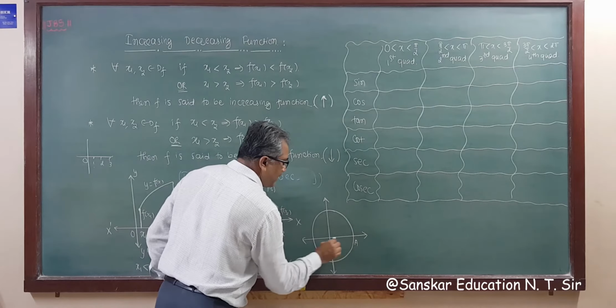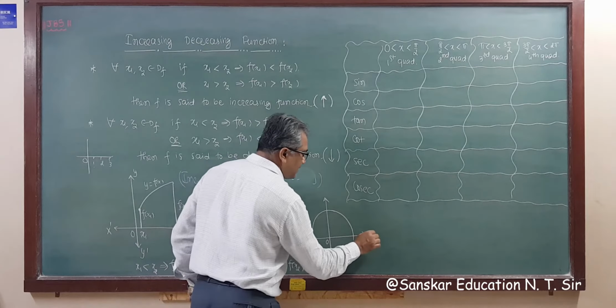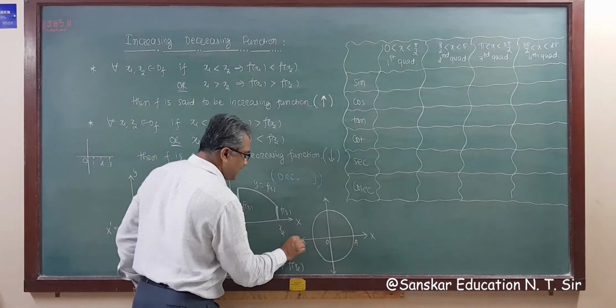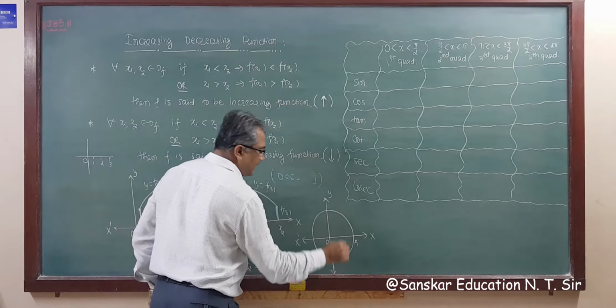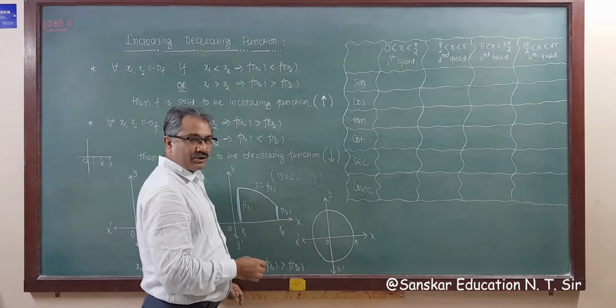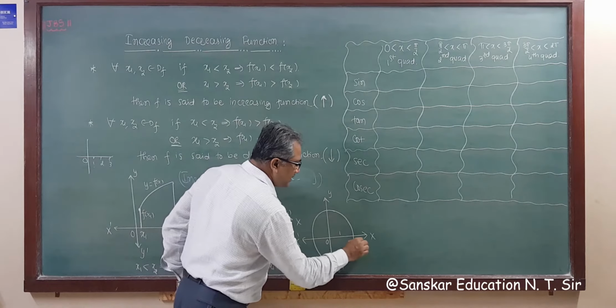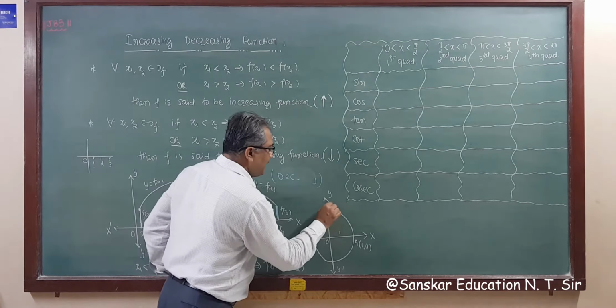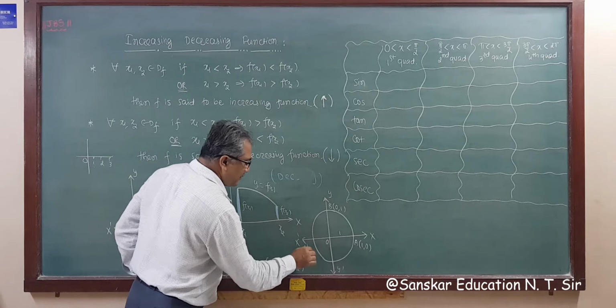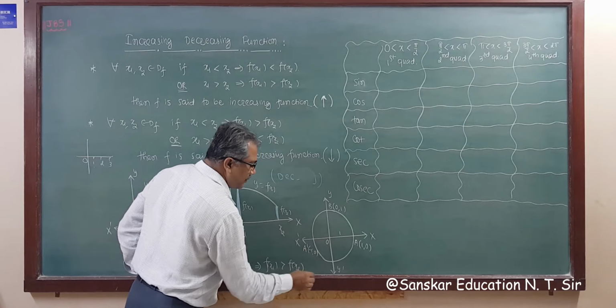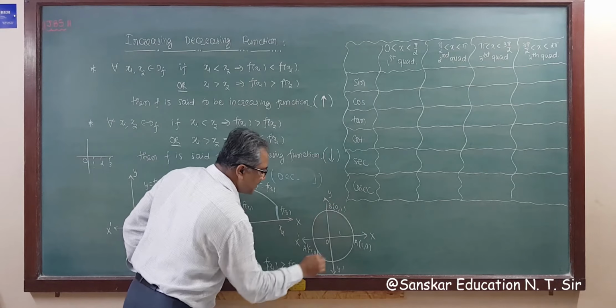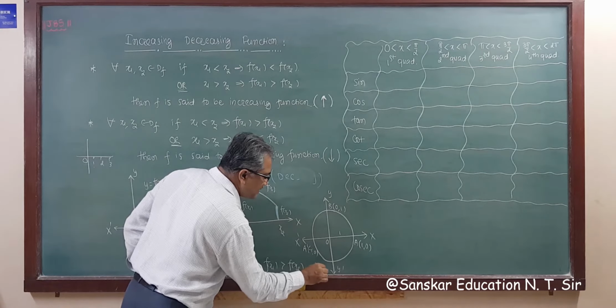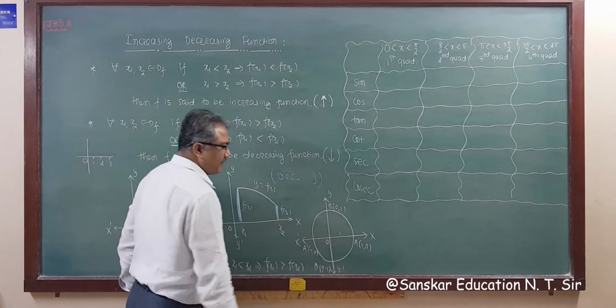This is our A, this is O origin, this is the x axis, this is the x dash axis, this is y and this is y dash. So the coordinate of A is, this is a unit circle, so this is (1, 0), right? B is (0, 1), then A dash, either you can write C also, (-1, 0), and D is (0, -1), right?